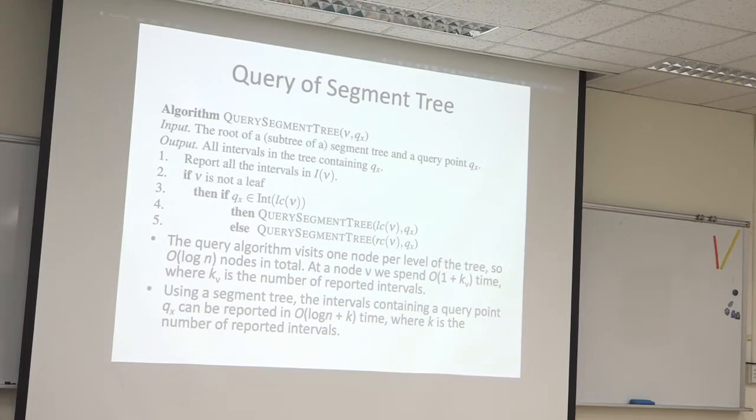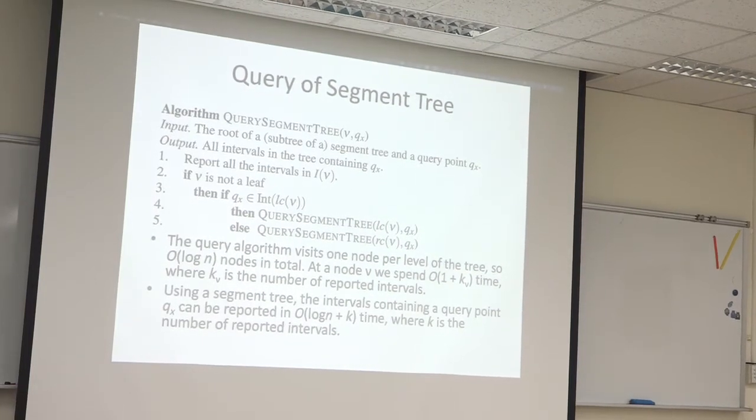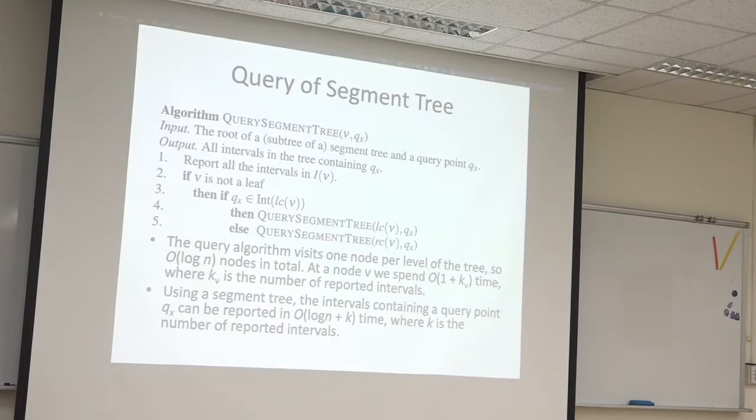And you have one constant time check, whether QX belongs to the interval of the left child. So that's one you add there. So at node V you spend 1 plus KV time.